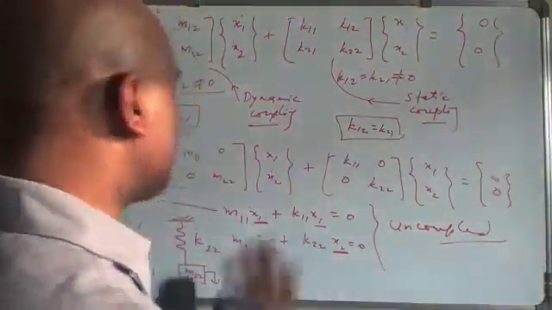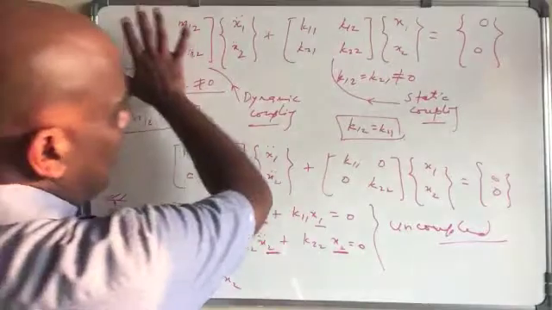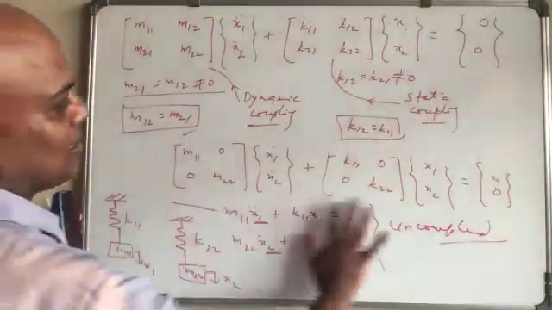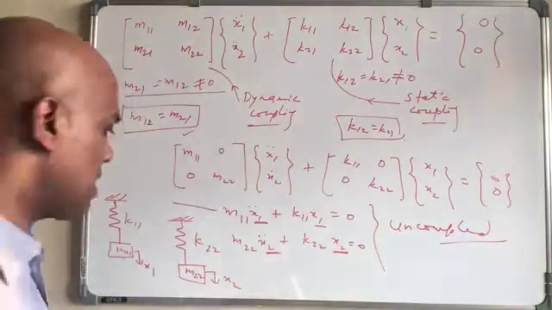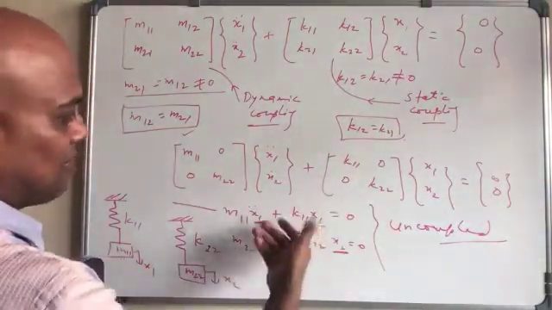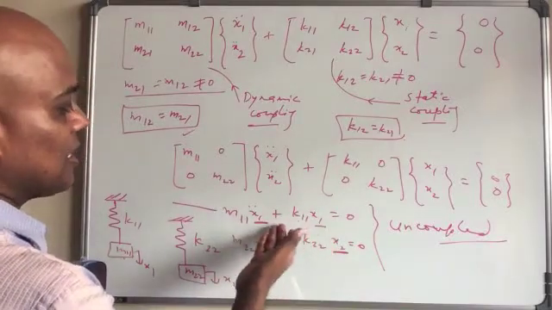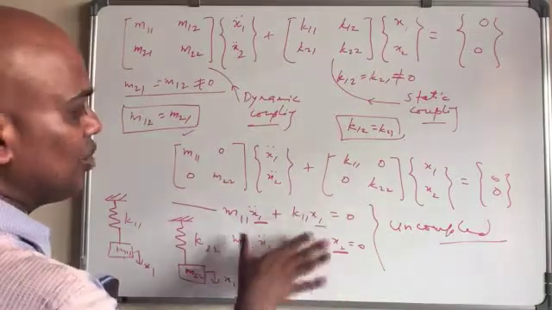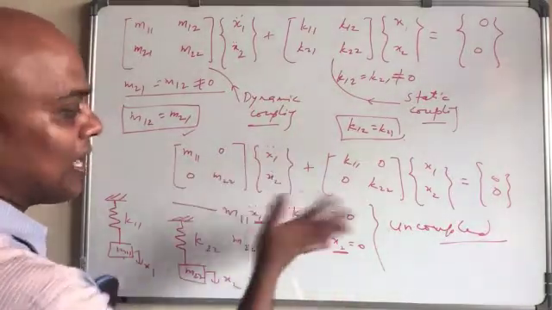Now, you have seen one equation which is coupled and another which is uncoupled. Solving the uncoupled one is very easy. This becomes a linear differential equation of second order. There is no linear algebra involved anymore because they are uncoupled.